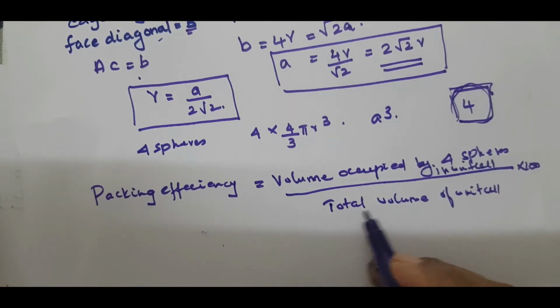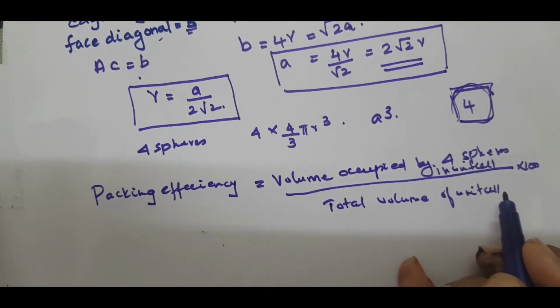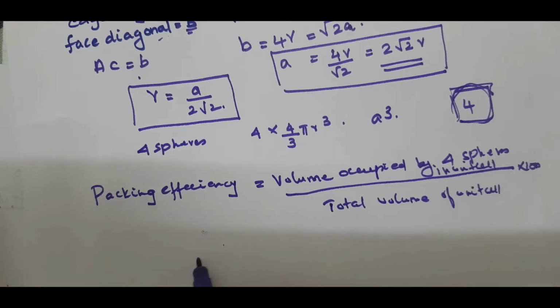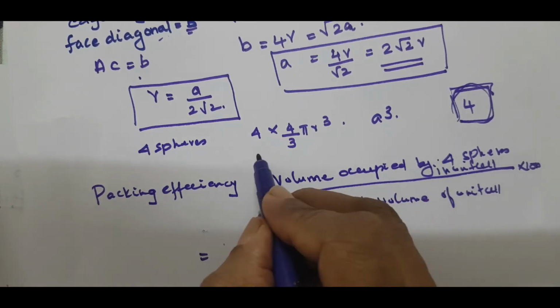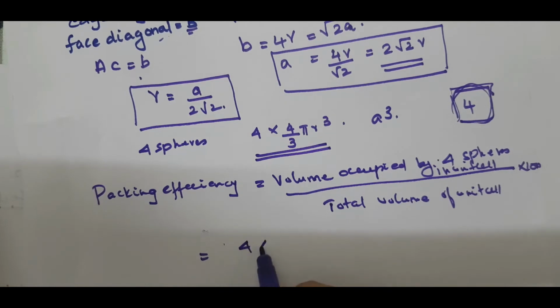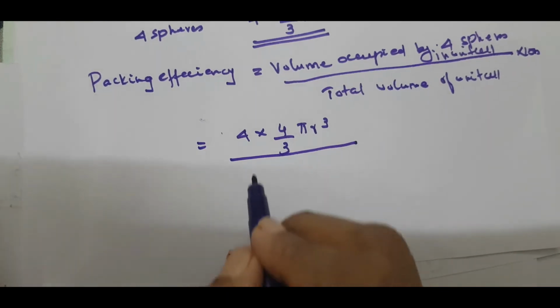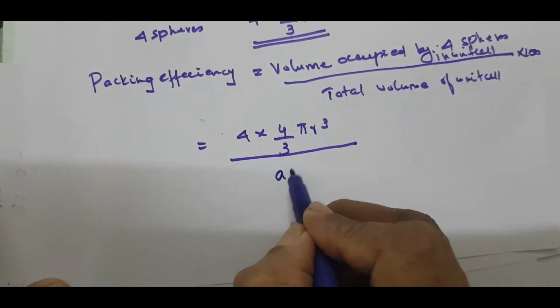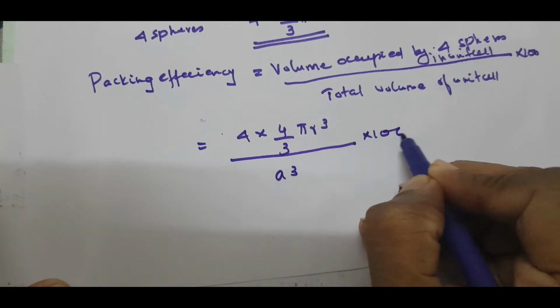So what is the volume occupied by 4 spheres? We have calculated 4 into 4 by 3 pi r cube, divided by the total volume, which is A cube, into 100.